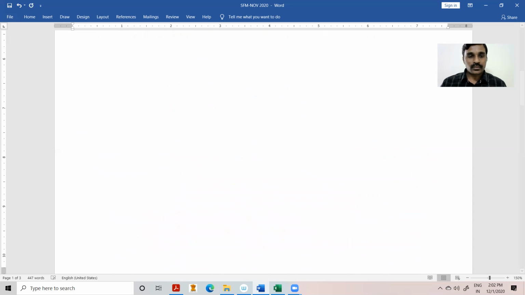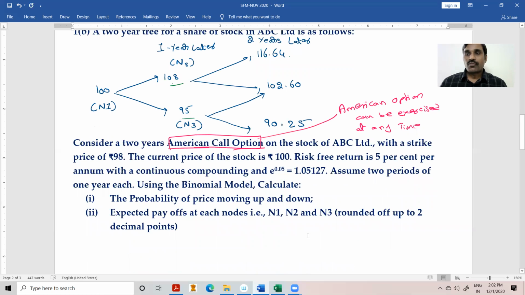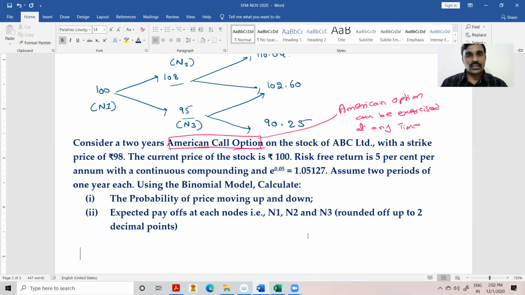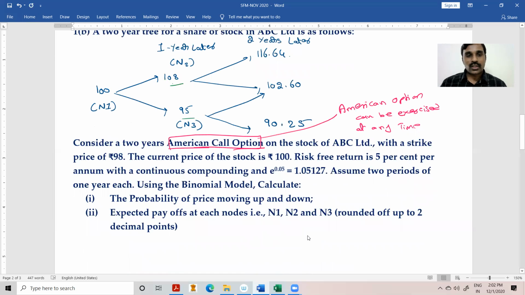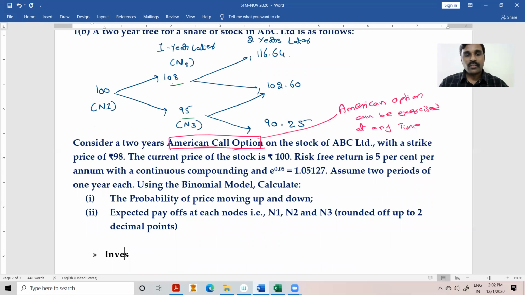Right. So the first point is: what we have purchased is a stock, no doubt about that. Investment in shares involves risk.